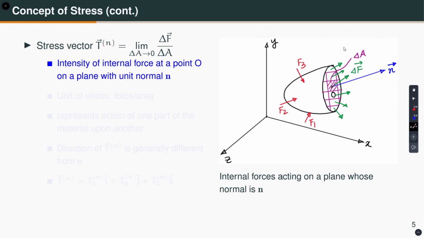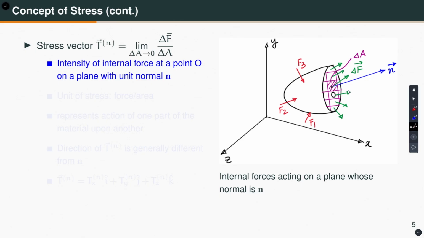The intensity of internal force is called the stress vector or the traction vector, which is the limit as delta A tends to 0 of delta F, the force, divided by delta A. Now, note that when we assume that this limit exists, we are actually making a continuum hypothesis regarding the distribution of the internal forces.